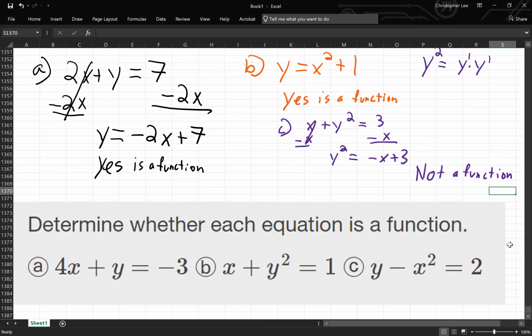In all three of these, long story short, can you solve for y? If the answer is yes, we're good. If the answer is no, then it's not a function. More specifically, can you solve for one y? Just one of them.